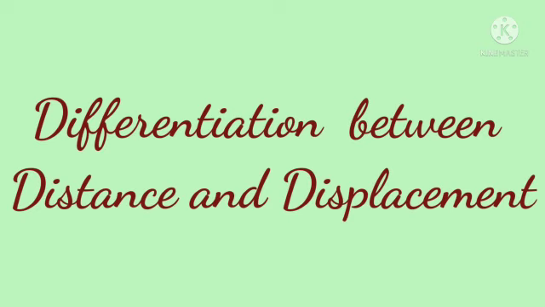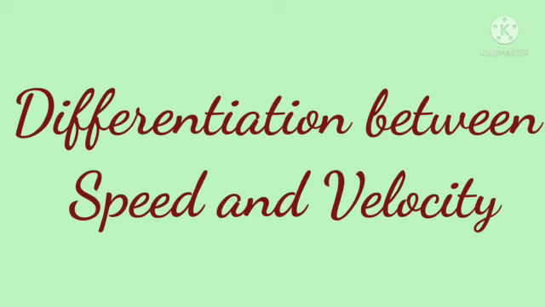Distance has only magnitude, and displacement has magnitude as well as direction. Distance is always greater than or equal to the displacement, while displacement is always less than or equal to the distance traveled.